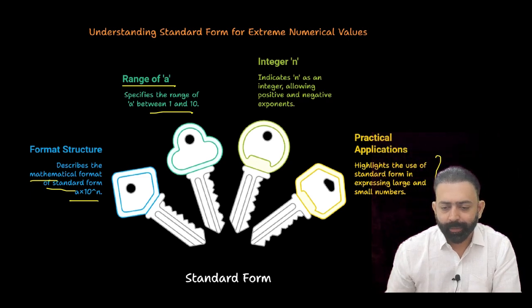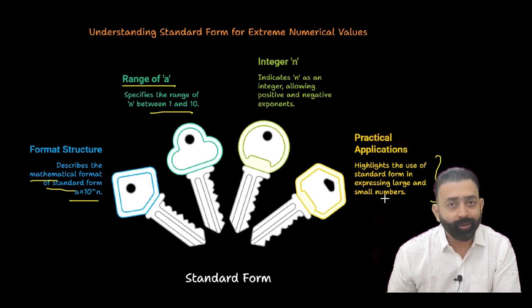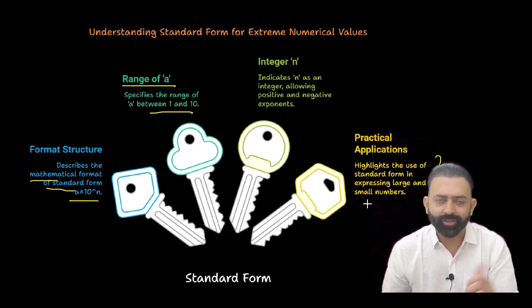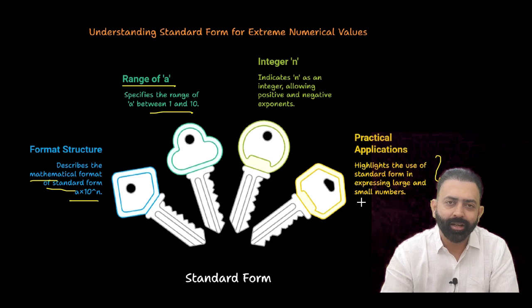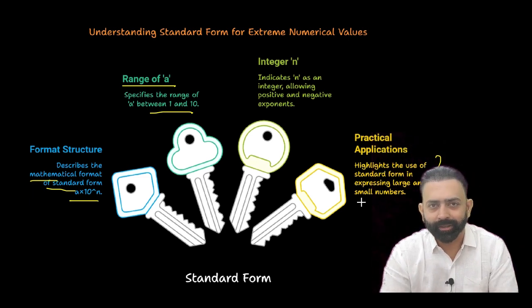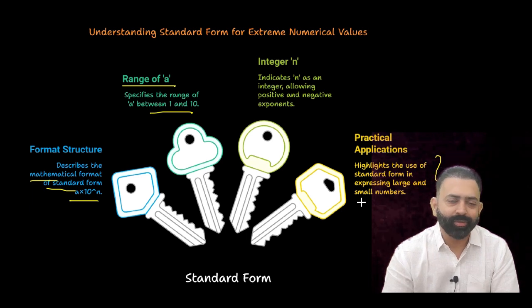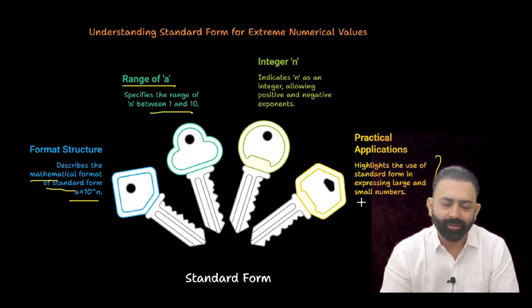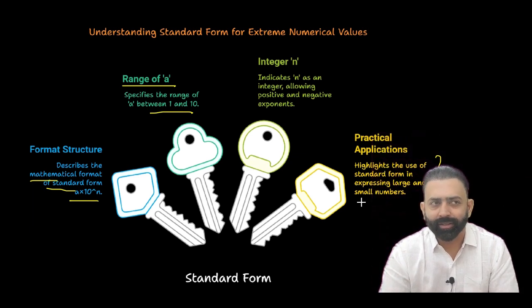The practical applications highlight the use of standard form in expressing both large and small numbers. We talked about large numbers just now. Let us talk about very small numbers, say subatomic particles. If I have to express the charge on an electron or proton, I think it is 1.6 into 10 raised to power minus 19.